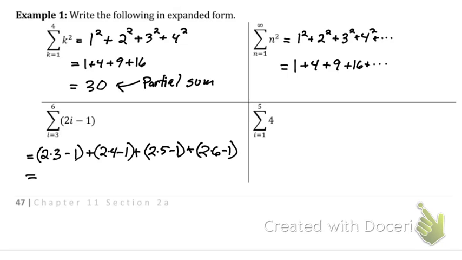Well, 2 times 3 is 6, minus 1 is 5. Plus 2 times 4 is 8, minus 1 is 7. 2 times 5 minus 1 is going to be 9. Do we see a pattern developing? I have 5, 7, 9. What's my next one without even doing the math? 11.